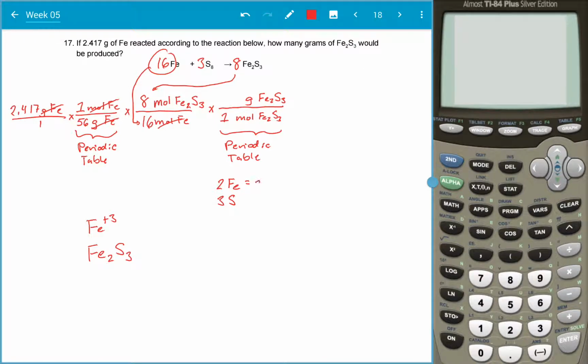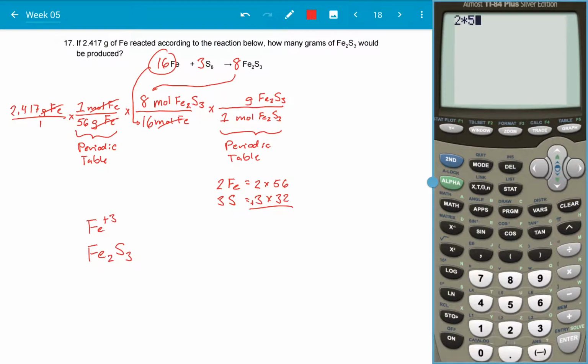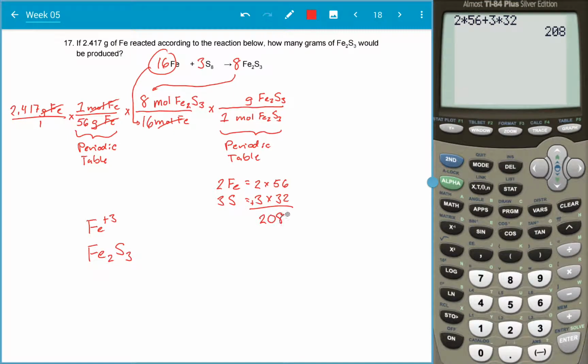So each iron, we said, weighed 56, and each sulfur, we said, weighed 32. So 2 times 56 plus 3 times 32 equals 208 grams per mole. And that goes up here as our conversion factor.